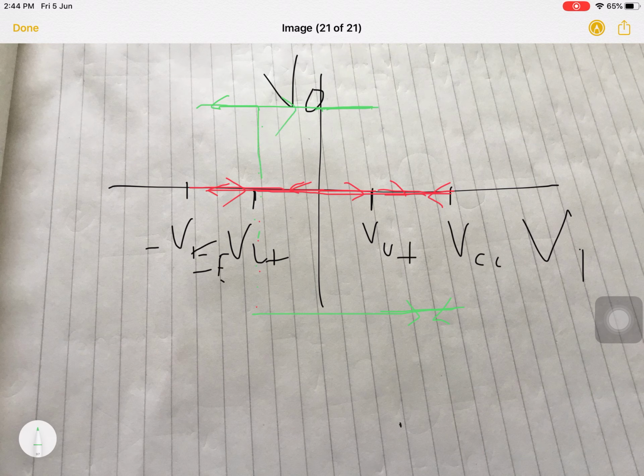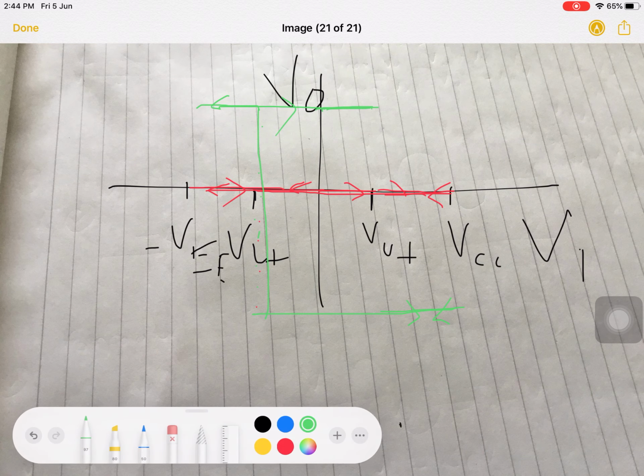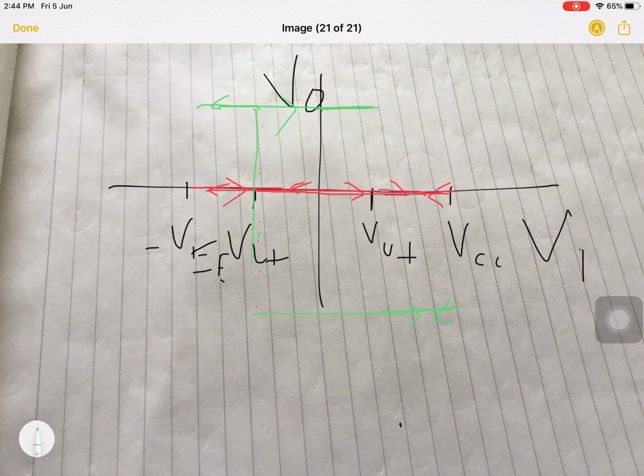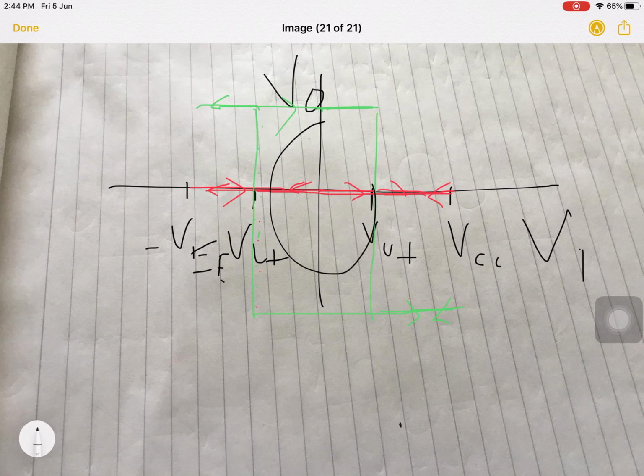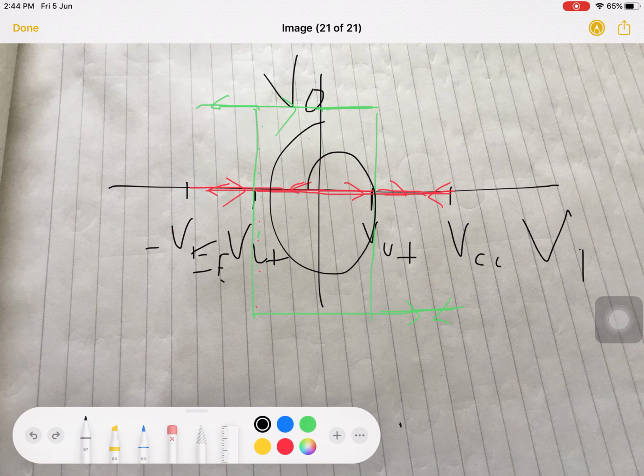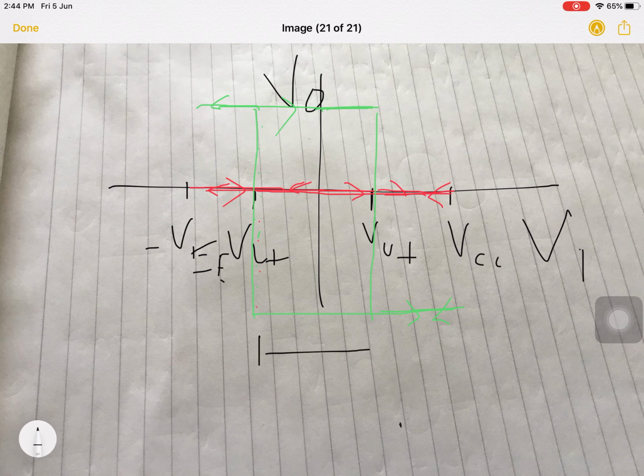So this region, this width, is known as the hysteresis width.